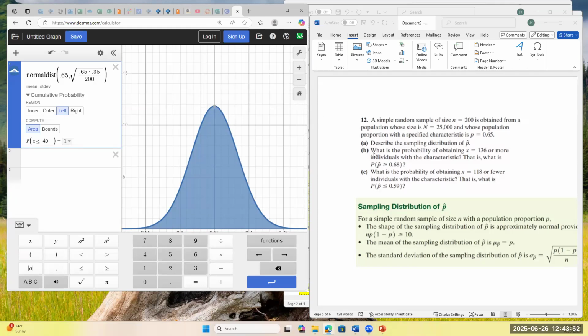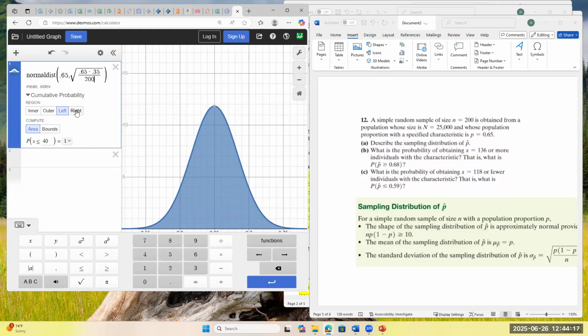Now for a problem like question B, what's the probability of getting 136 or more individuals with this characteristic? Well, in our sample of 200, getting 136 would give me 136 over 200 or 0.68. So 136 or more corresponds to a proportion of greater than or equal to 0.68.